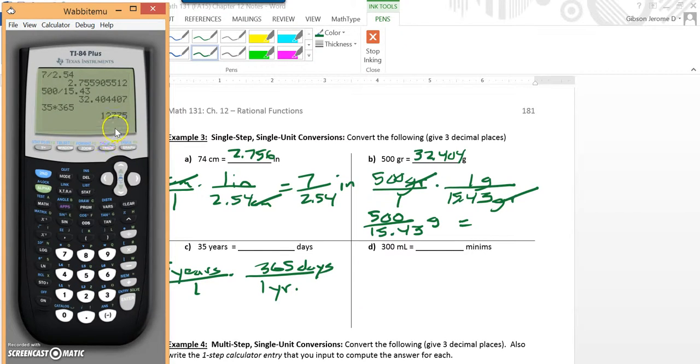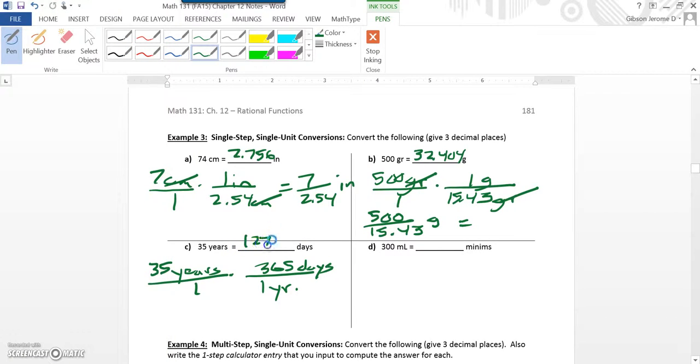Now that will give us 12,775. Now it says give 3 decimal places, so we have to put 3 zeros behind here. So it'd be 12,775.000. And that would be the final answer.